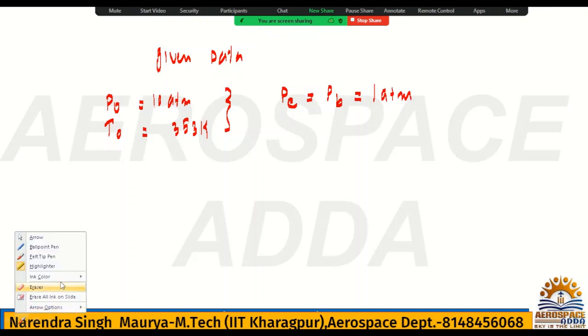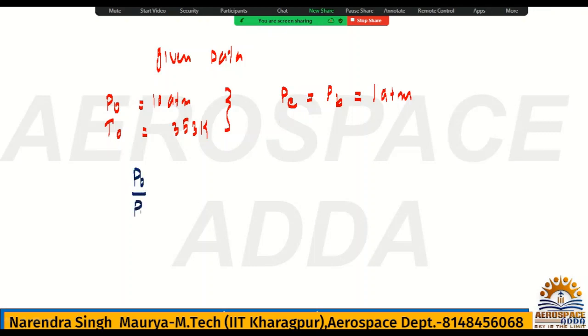From this given data, what can you calculate? You have P naught and you have PE, so you have P naught by PE. Because the flow is isentropic, you can apply this formula: P naught by P equals 1 plus (gamma minus 1) by 2 times ME square, to the power gamma upon gamma minus 1.